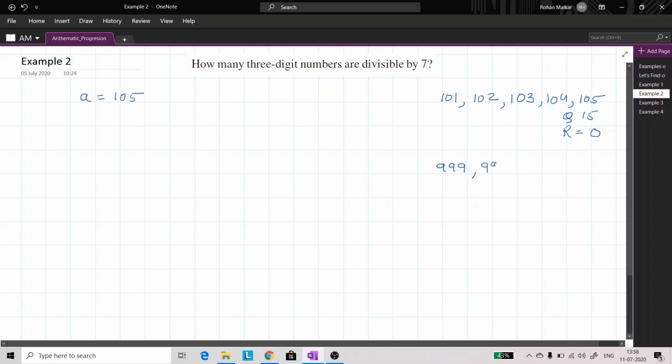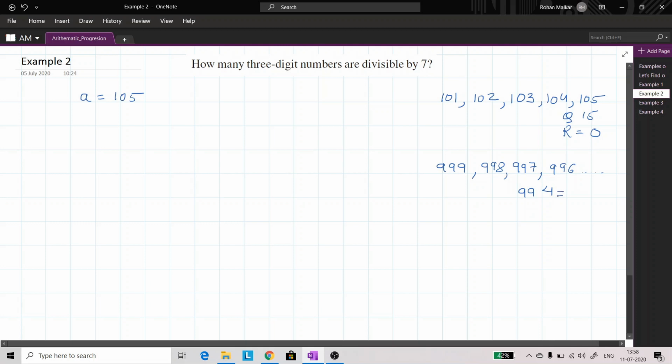Similarly, I'll check 998, 997, 996, and so on till I get 994. If you check 994, 7 ones are 7, 29, 7 fours are 28, remainder is 1 and 4, 7 twos are 14, remainder is 0.